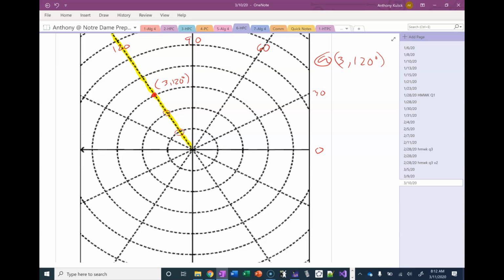I drew all this extra stuff so you could see what I was doing to graph this. You don't need to highlight anything or draw any lines. Just have the point in the proper location. I just wrote down some stuff so you could see how I was doing that. Is everybody okay there? Let's do another.